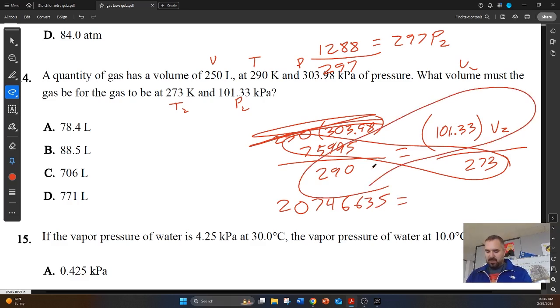So 290 times 101.33 gives us 29385.7 V2. And then we just isolate the variable. We divide both sides by 29385.7. And I got 706.